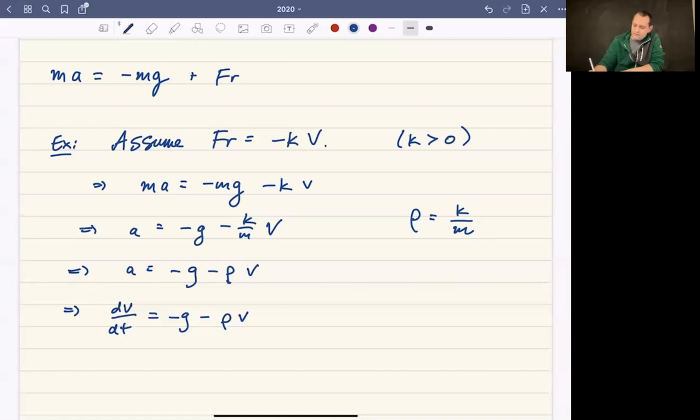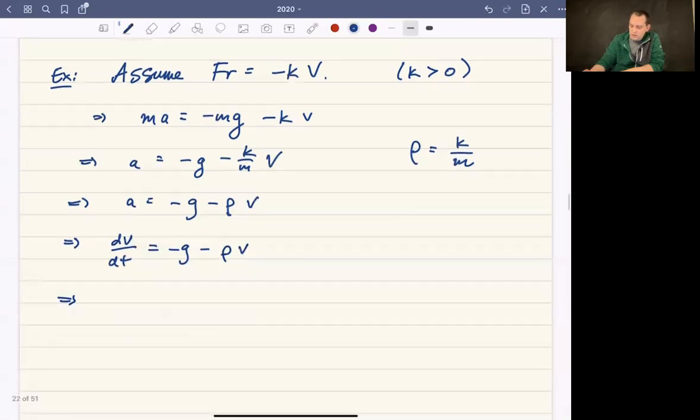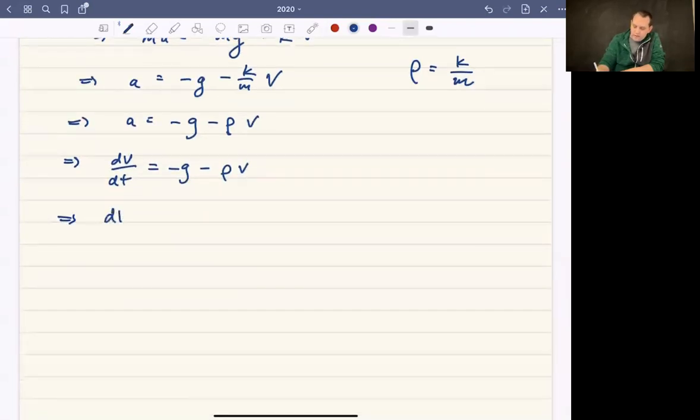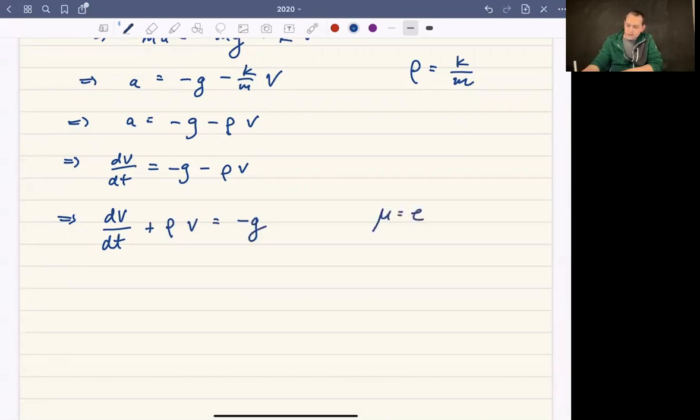I think I'd rather look at this as a linear equation. So we would have dv dt plus rho, which is just a constant, times v equals minus g. Then our integrating factor, mu, is going to be e to the integral of rho dt, so that's e to the rho t.